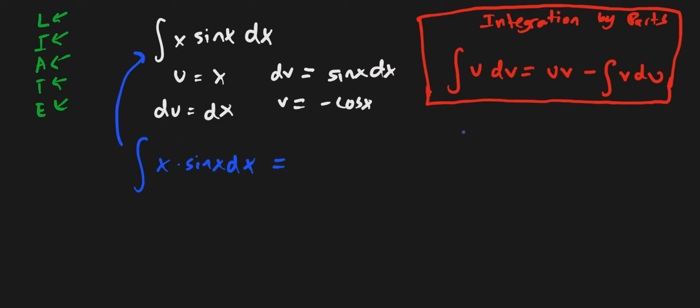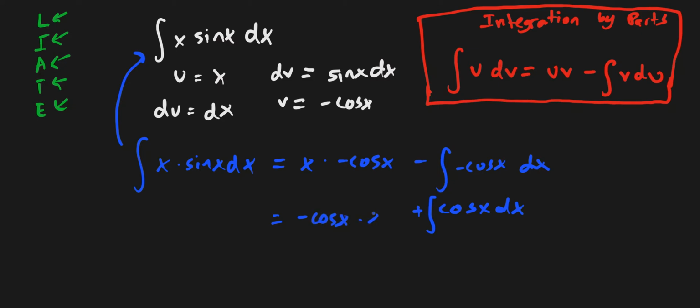And this is going to be equal to uv, which is x times negative cosine x, minus the antiderivative of negative cosine x, and then du, which is dx. I can bring this negative out, making this plus the antiderivative of cosine x dx. And then we have this stuff here as well, negative cosine x times x.